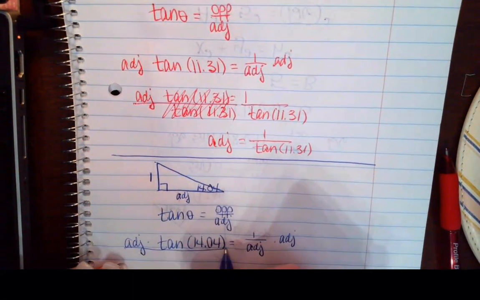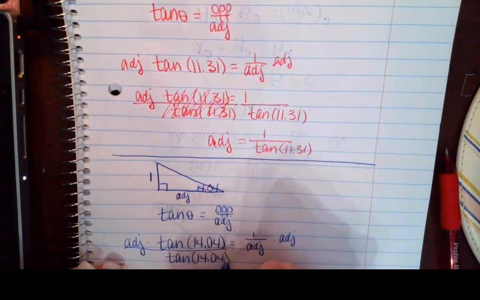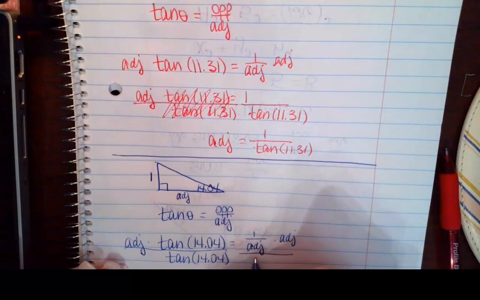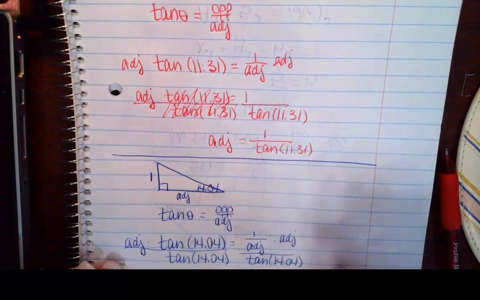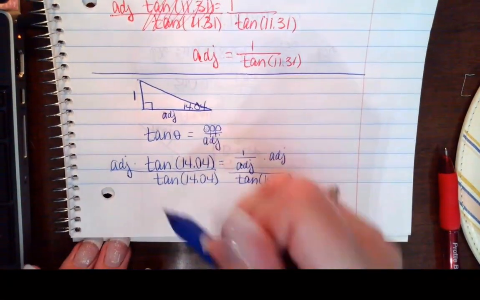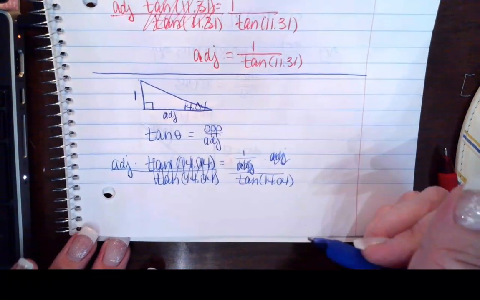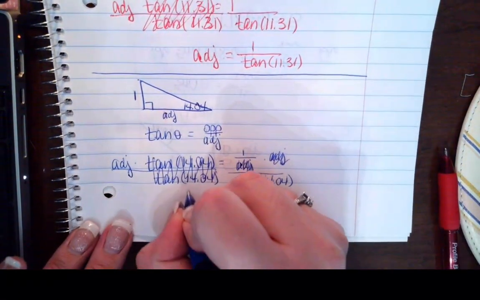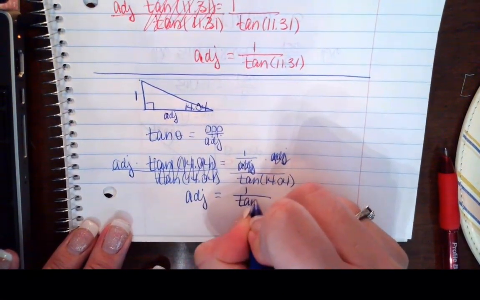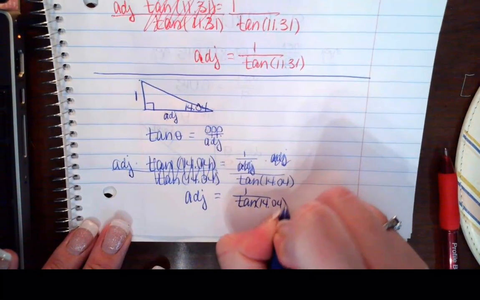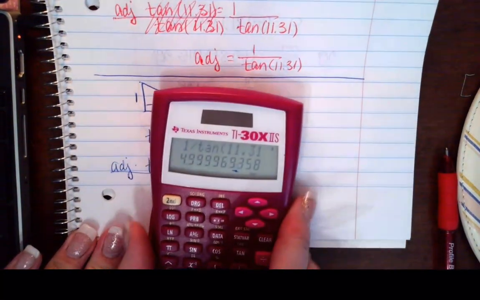I'm going to divide both sides by tangent of 14.04. So this gives me, any number divided by itself is 1. These two reduced. Okay, so I'm left with the adjacent side is 1 over tangent of 14.04, which is the same thing as cotangent, but we don't have a cotangent button.